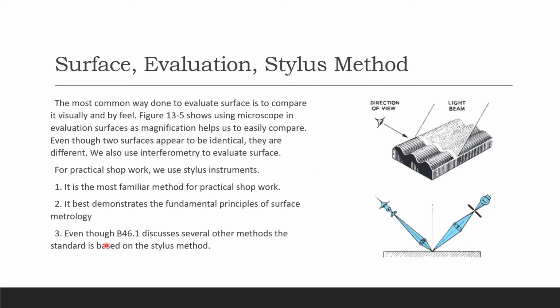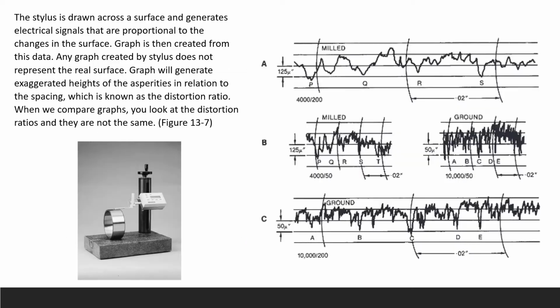Even though ANSI standard B46.1 discusses several other methods, the standard is based on the stylus method. In the instrument, the stylus is drawn across the surface and generates electrical signals proportional to the changes in that surface. Then it produces a graph like that from the data it collected from the surface.